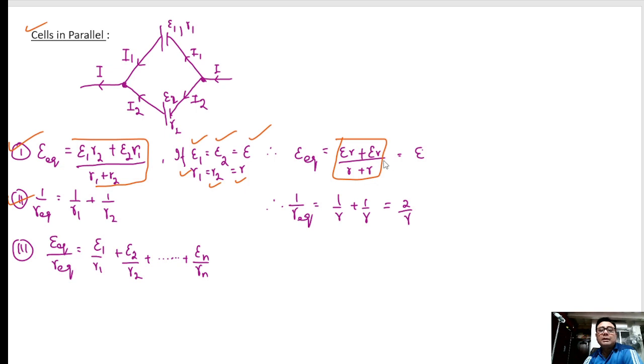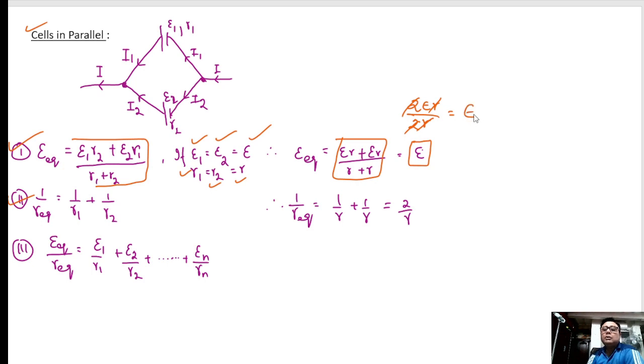This will become E. Net equivalent EMF in parallel will become E, because this will be 2ER by 2R.